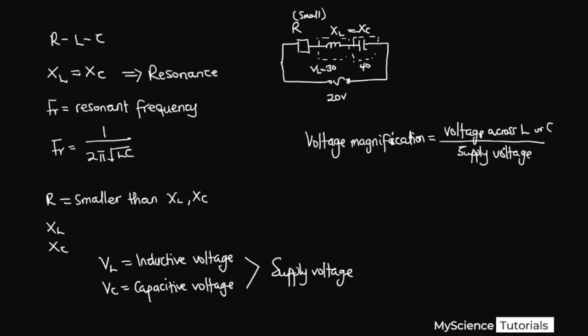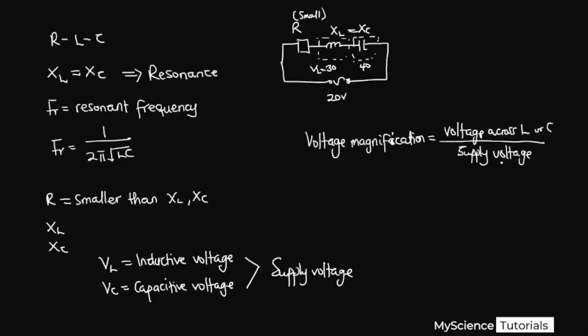So it is the ratio between the voltage across the inductor or the capacitor to the voltage supply. Now, this ratio is a measure of the quality of the circuit, that is as a resonator or a tuning device, and we call that the Q factor.